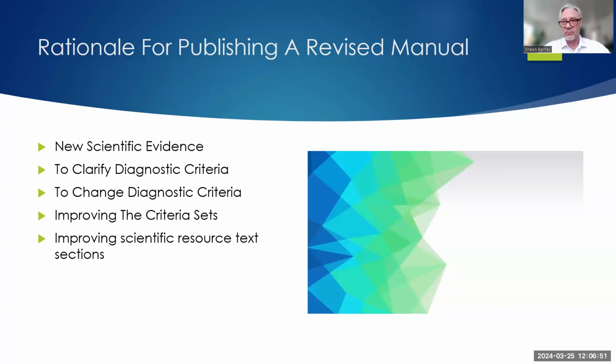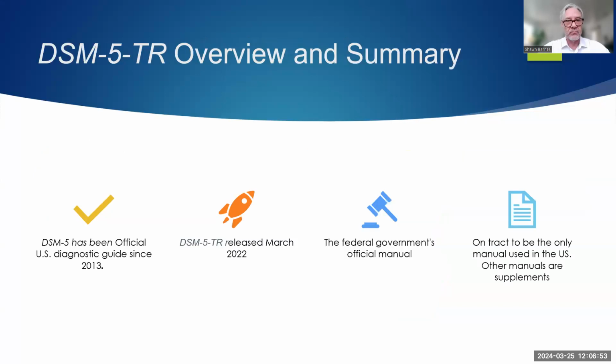It's not letting me advance. Okay, there it is. So in March, the APA released the DSM-5-TR. The DSM-5 was released in 2013, and it is used as the official diagnostic guide across the United States now.